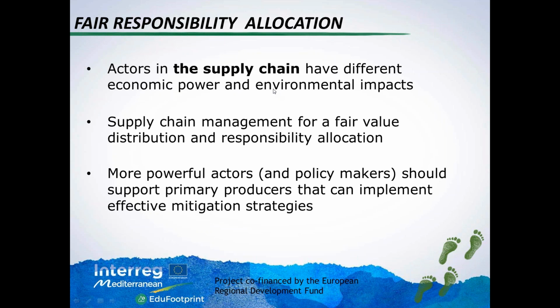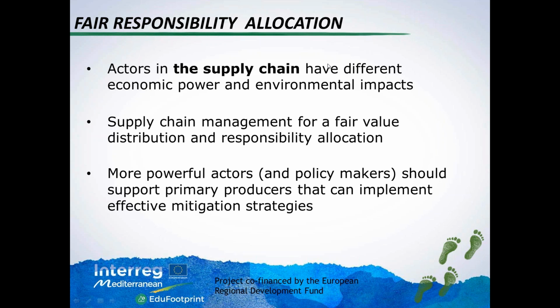And then there is a fair responsibility allocation. I mean, I need to include all the actors in the supply chain, and I need their effort to improve the environmental performance of my organization, just thinking of the entire cycle.